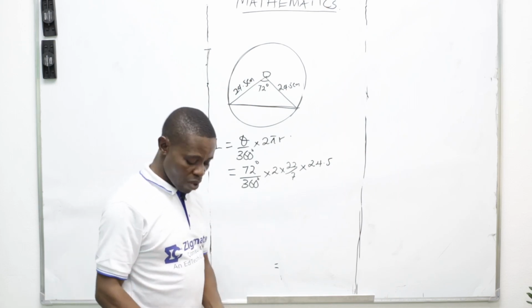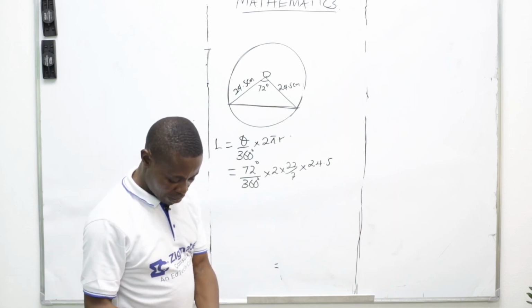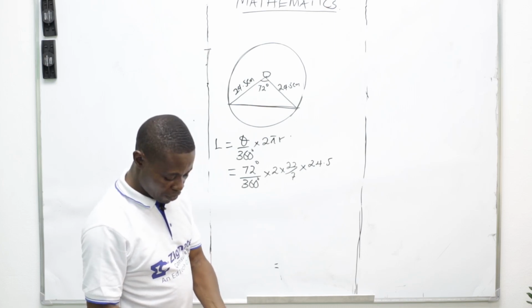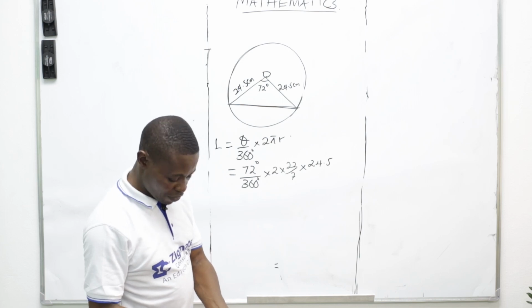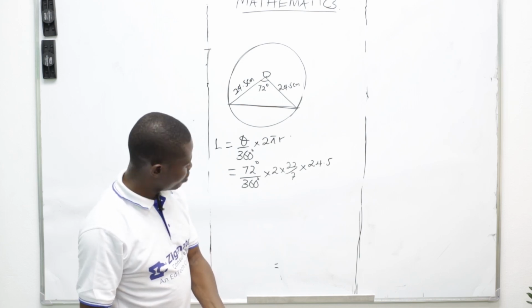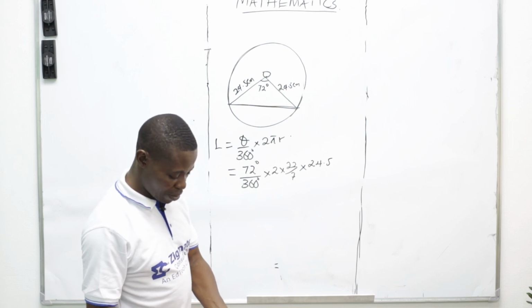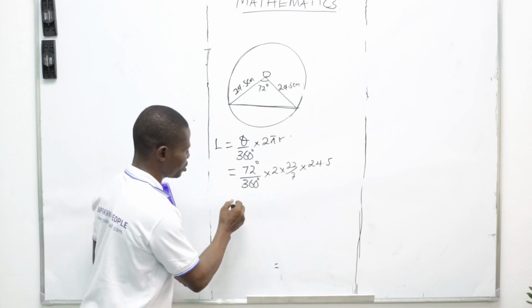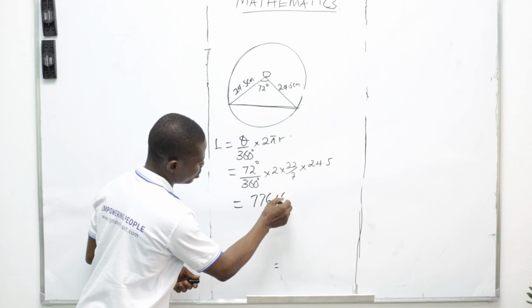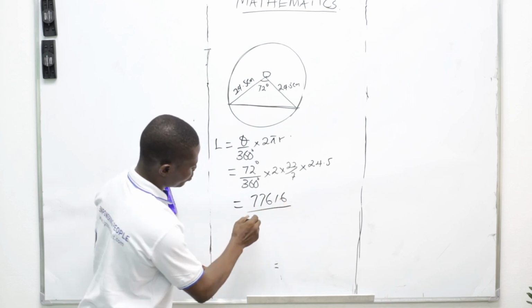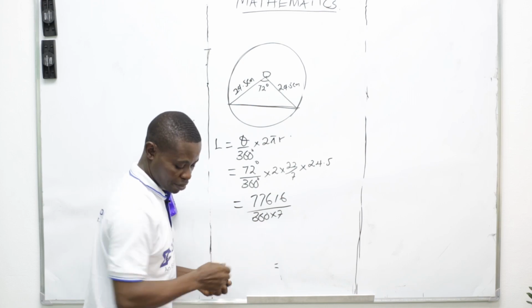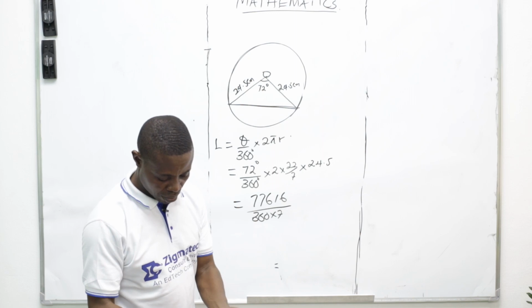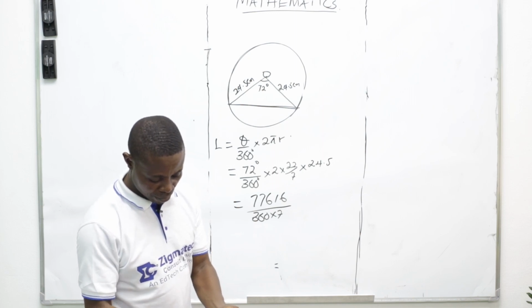So that when you use the calculator, 72 times 44 times 24.5 will give us 77616 all over 360 times 7, all over 7.